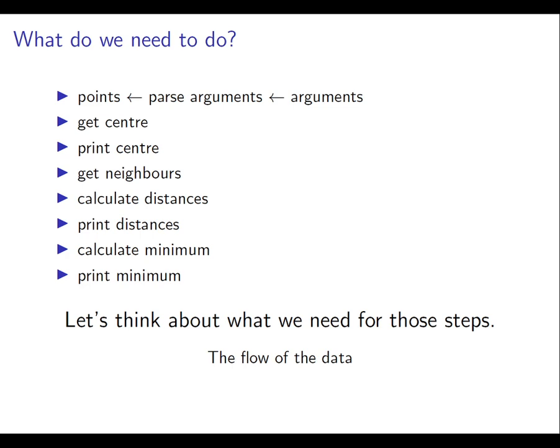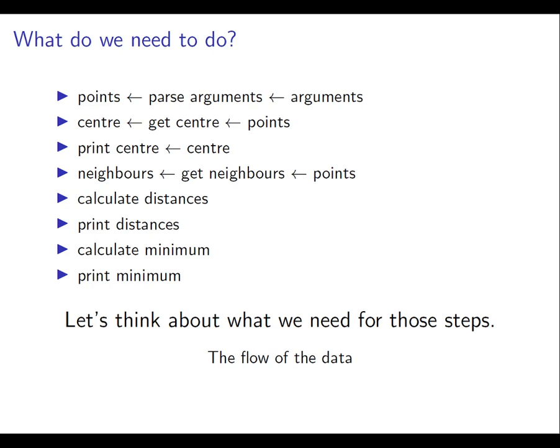What's the input, what's the output? Well, the input is the points that we calculated in the previous step. The process is get the centre, and the result is whichever point it is that's the centre. Printing the centre just requires the centre itself as input and doesn't have any output, because the output is going to be a side effect, the side effect of printing on the screen.